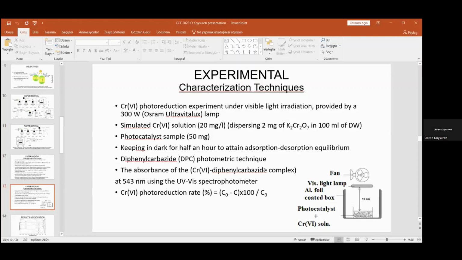For this purpose, a homemade setup is utilized. We prepared the chromium 6 solution, added our photocatalyst into the sample, and after the necessary adsorption equilibrium step, we utilized the diphenyl carbazide DPC technique to visualize the reduction in chromium 6 concentration.